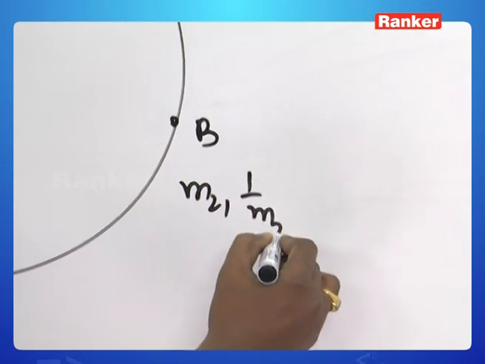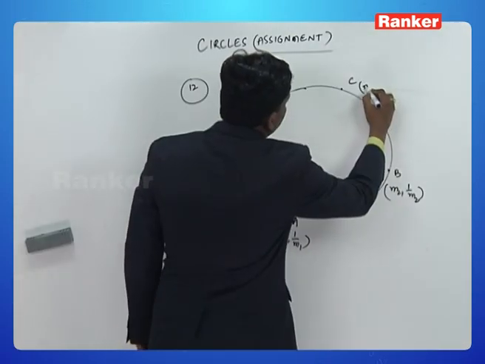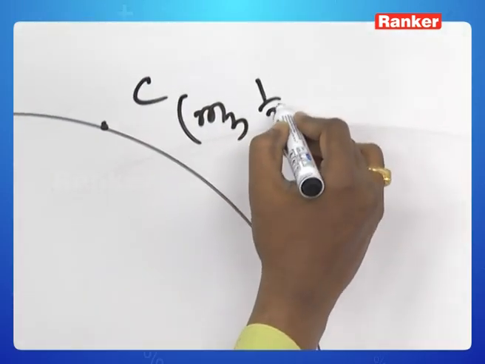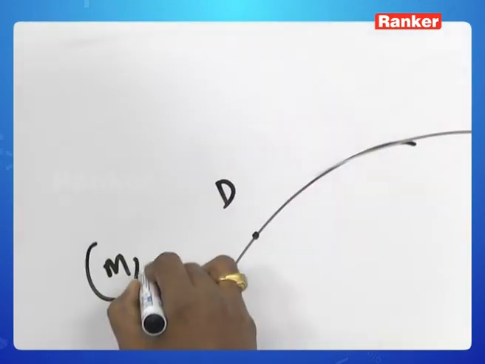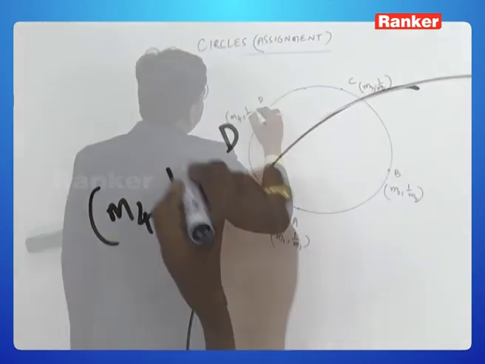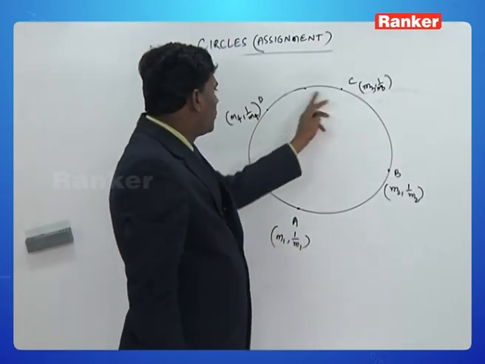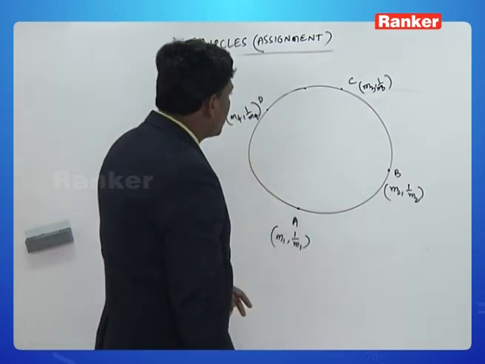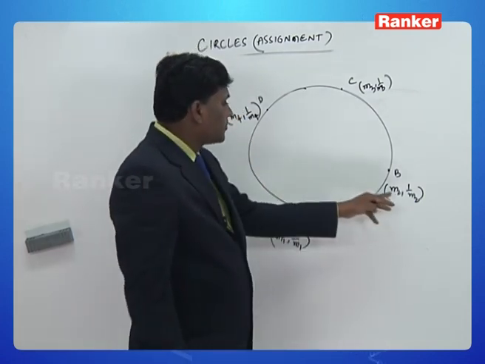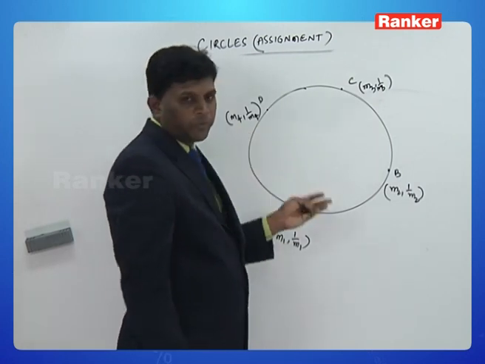All the 4 points are lying on this circle. In this case, we have to find out the product of m1, m2, m3, m4.